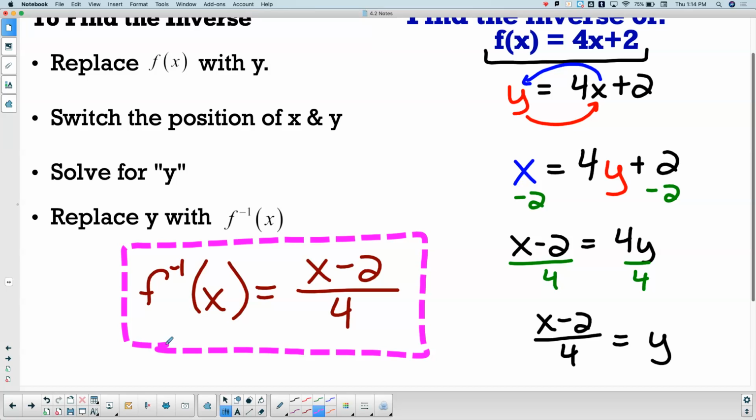That's it. Change it out of function notation, switch the x and the y, solve for y, switch it back into function notation. That's it.